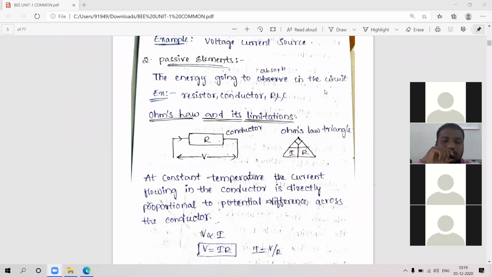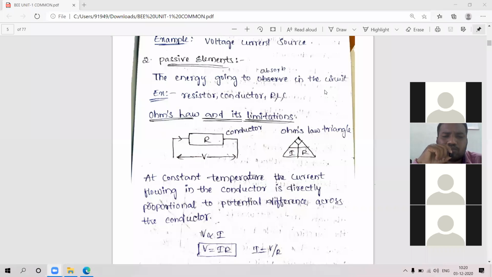At constant temperature, the current flowing in the conductor, the rate of flow of current will be depending upon the supply voltage only, no? That means as we increase the voltage, the rate of flow of electrons will be moving very fast, yes or no?